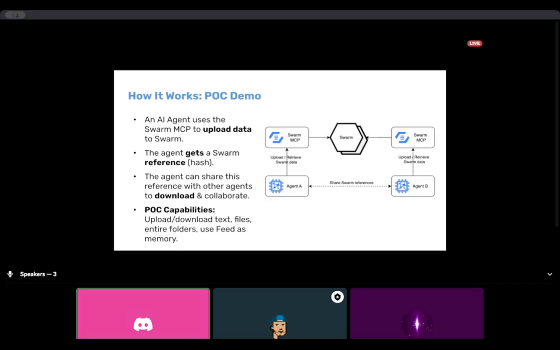And then technically this is a very simple use case, but the POC can already do much more, like uploading files, even entire folder structures, and it can even use the feeds as a kind of sequential memory.